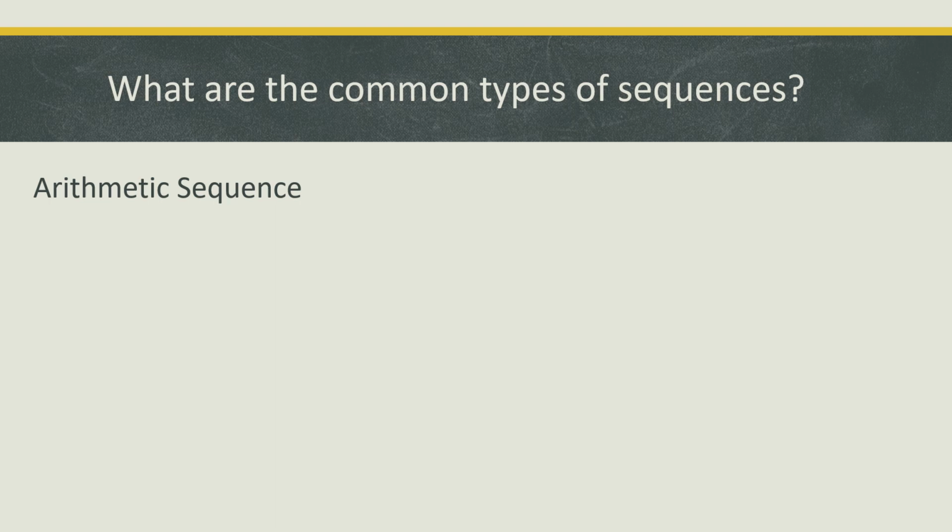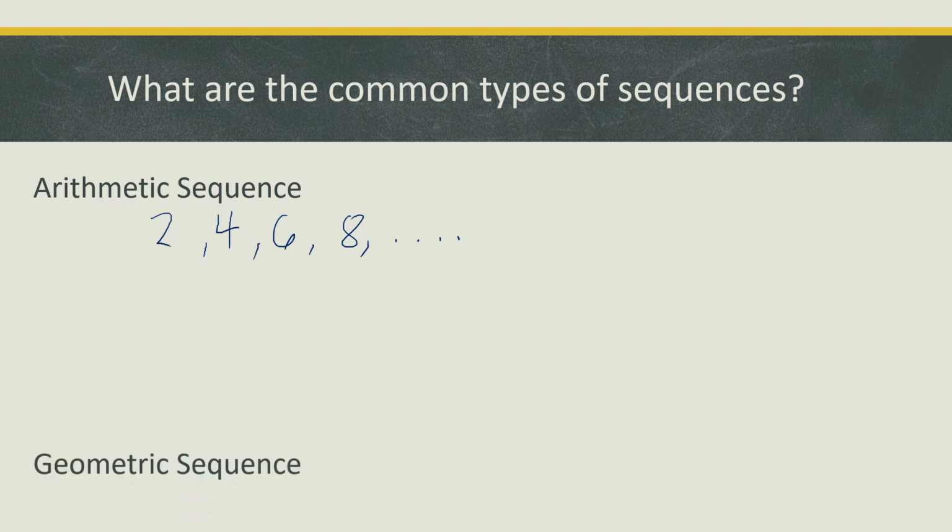Dito, nag-a-add tayo or nagsusubtract tayo. Kapag nag-a-add or nagsusubtract tayo sa mga patterns, ang tawag sa sequence na yon ay arithmetic sequence. So example, we have 2 plus 2, 4 plus 2, 6 plus 2, 8, and so on.